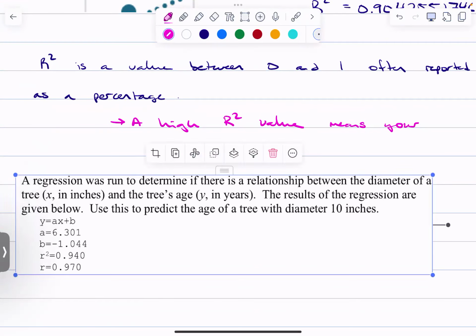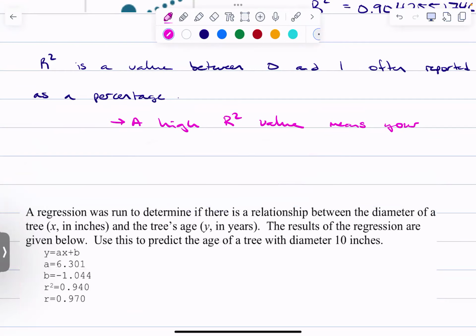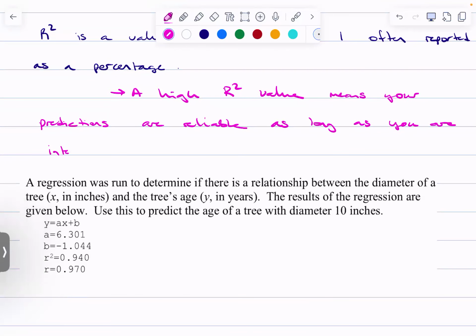Estimates and predictions are the same, but I've been saying predictions. Means your predictions are reliable, as long as you are interpolating.